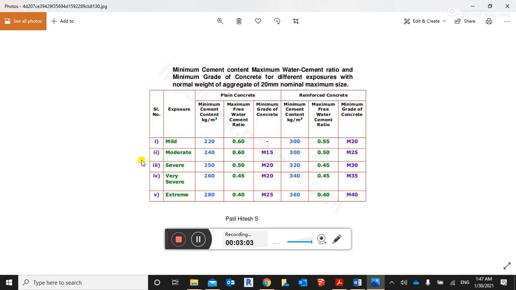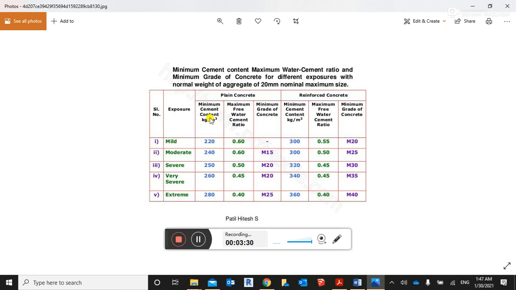Some conditions for the concreting is a mild condition. Some situations we pour the concrete in a moderate condition, and some is severe, and moreover it is more severe and extreme. These are the conditions we have under concreting.